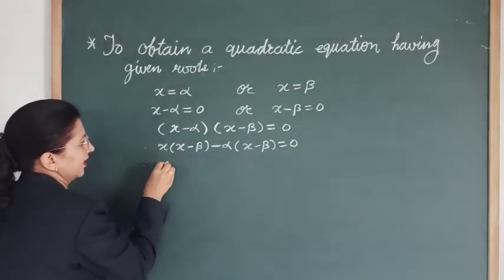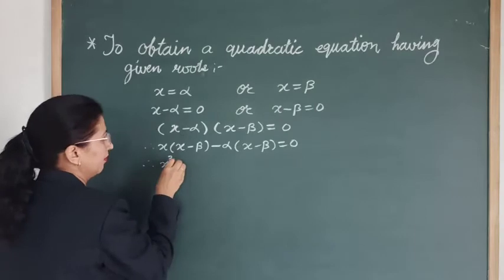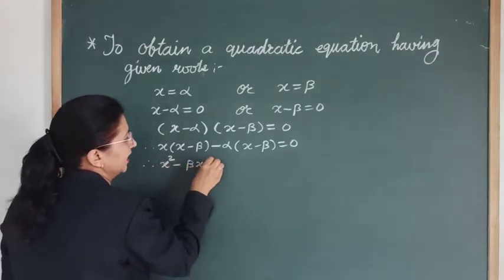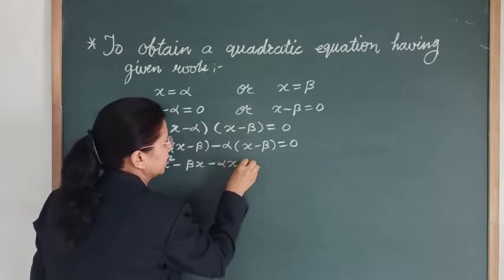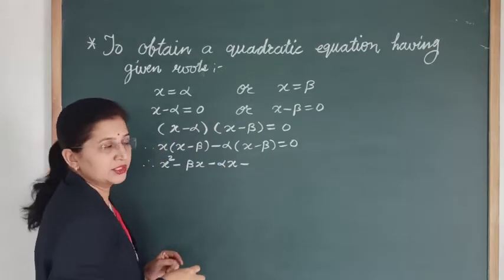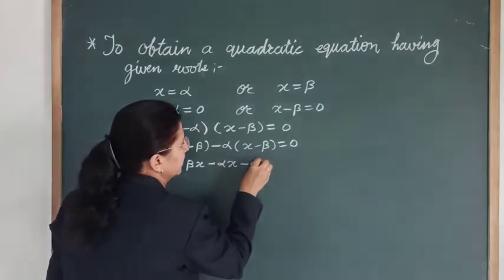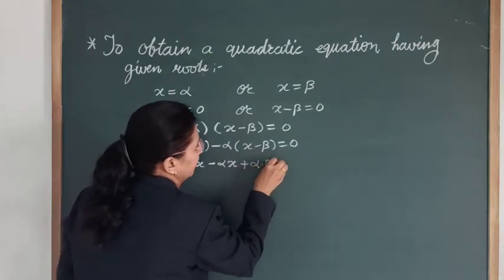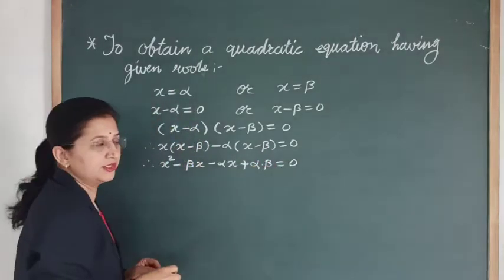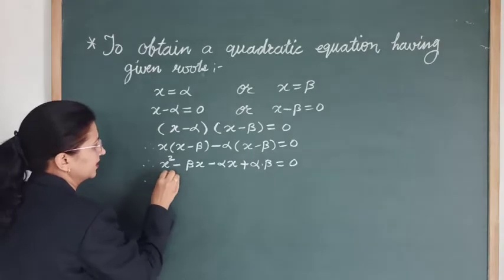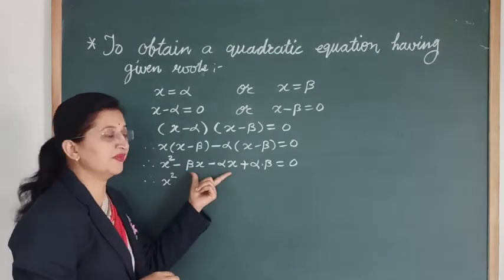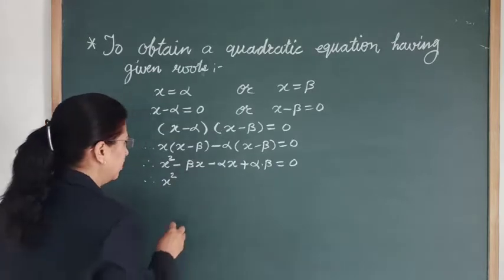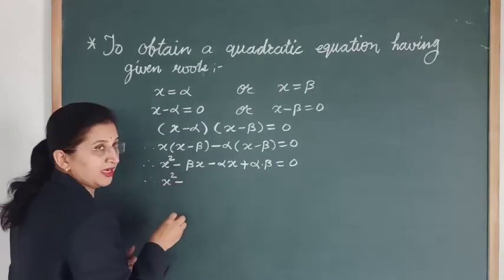Let's solve this. x into x square minus beta x, alpha into x, alpha x, product of same sign positive, alpha into beta, that is alpha beta is equal to 0. Therefore x is equal to, now here what we do, from these two terms we will take out the x as a common. Okay, so minus and minus sign also.